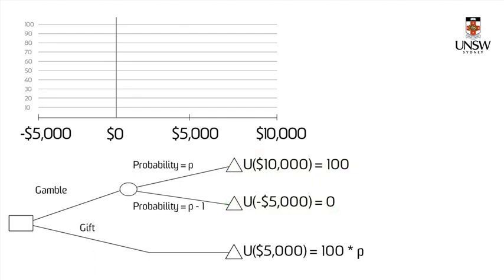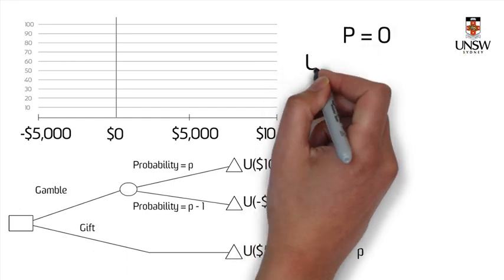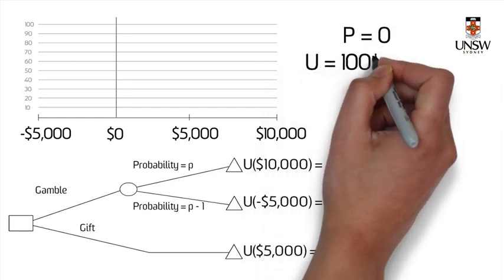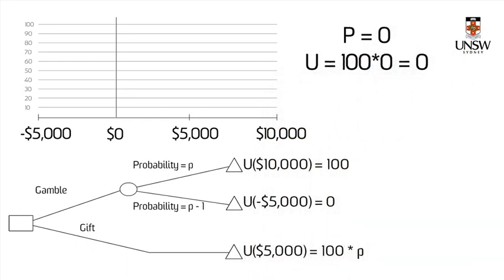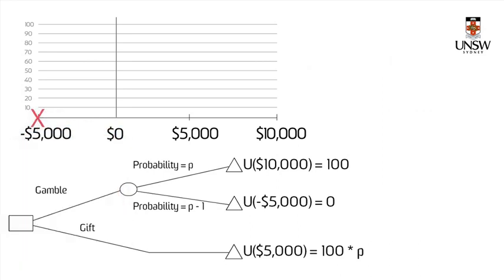The gift, in this case, is equal to the worst outcome. To make the gamble also give the worst outcome, we would need to set the probability of losing $5,000 to be 1. So P would have to be 0. Therefore, the utility is 100 times 0, which is 0. So I'm going to draw a red cross here.